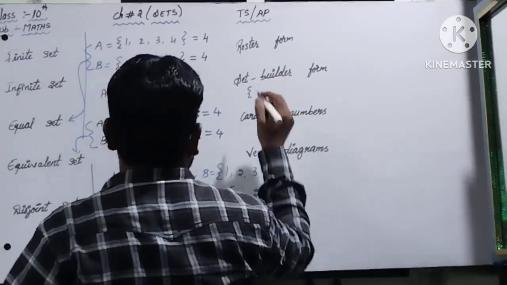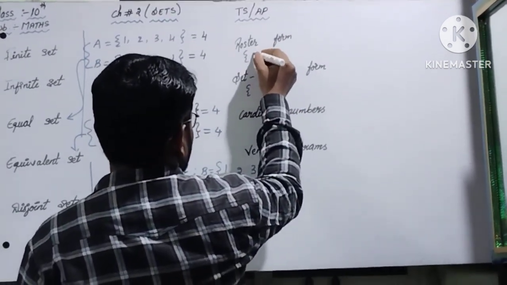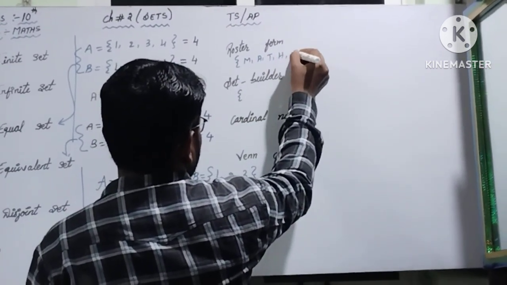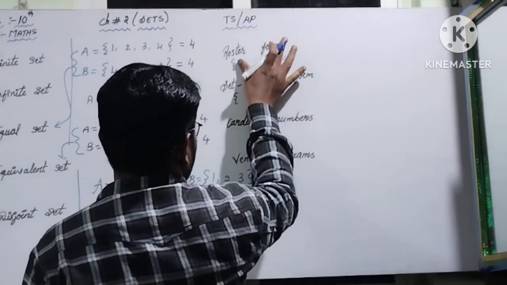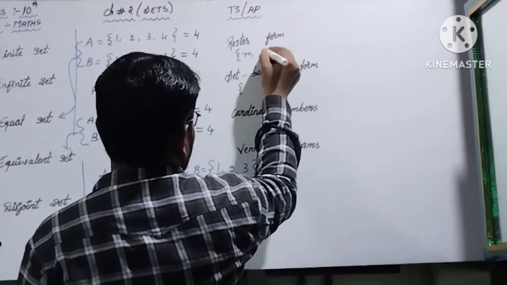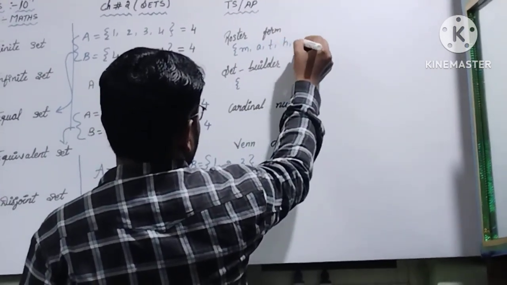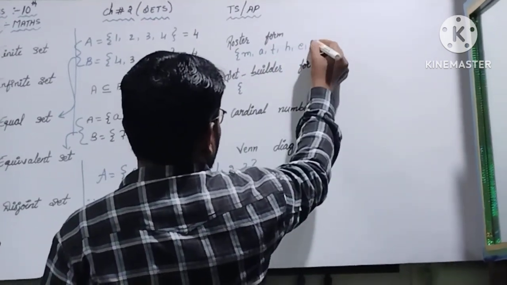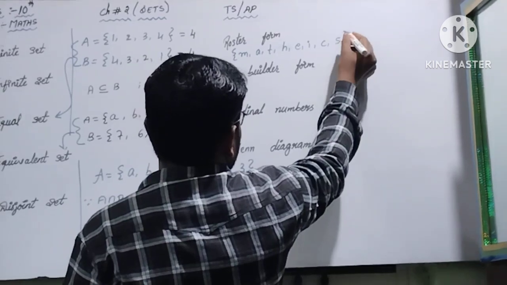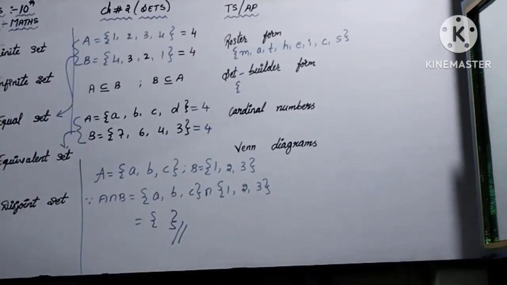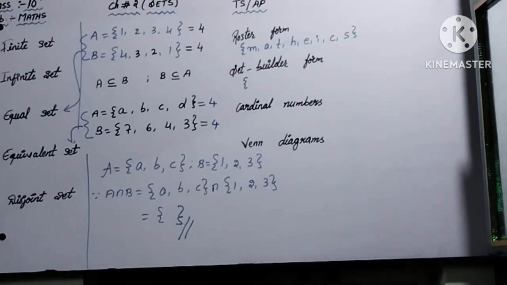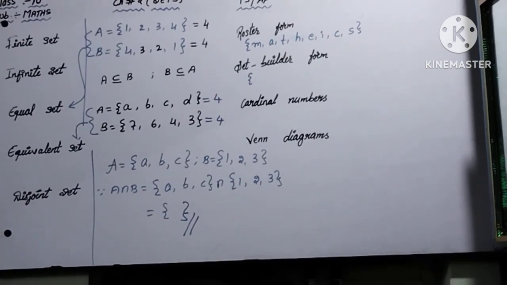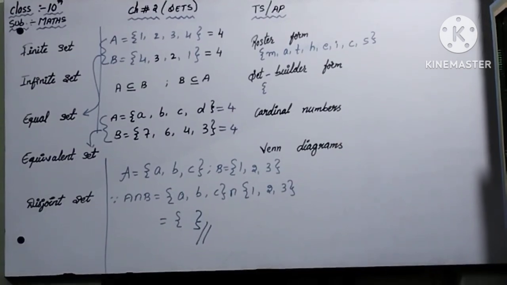Suppose in roster form I use small letters M, A, T, H, E, M already here, M, A, T, I, C, S. The elements are M comma A comma T comma H comma E comma I comma C comma S. I use these elements in roster form.